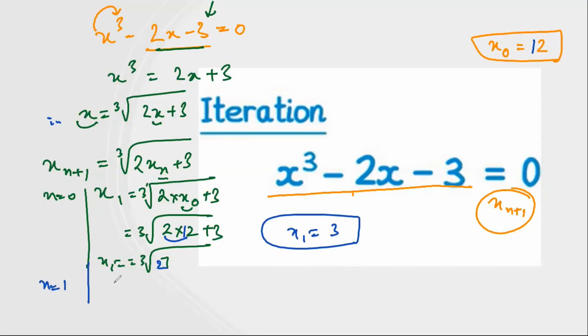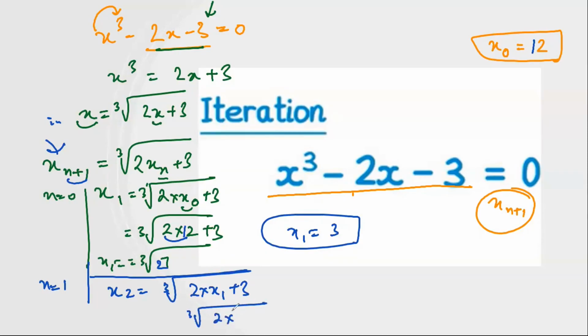Now again I will put n equals 1. So when I put n equals 1, it gives me 1 plus 1 is 2, that is equal to cube root of 2 times x1 plus 3. Now I know that 2 times x1 is 6, plus 3 is 9.